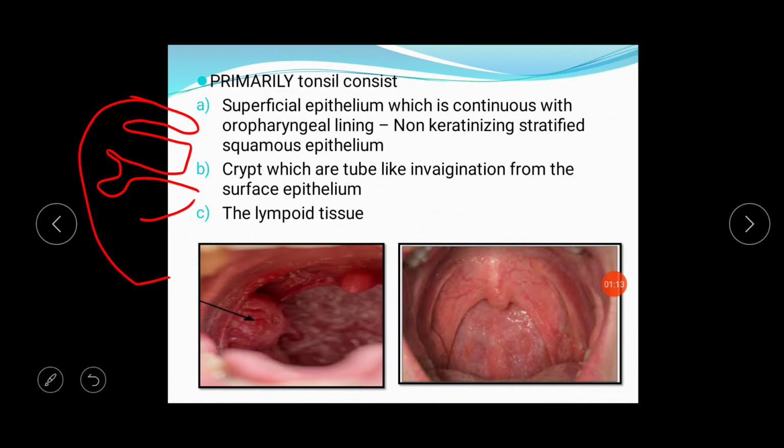The largest crypt is known as the crypta magna, and other crypts are smaller than the crypta magna. So this is the surface epithelium. These are the crypts 1, 2 and 3. Many crypts can be present, and these are the proper lymphoid tissue in the tonsil.